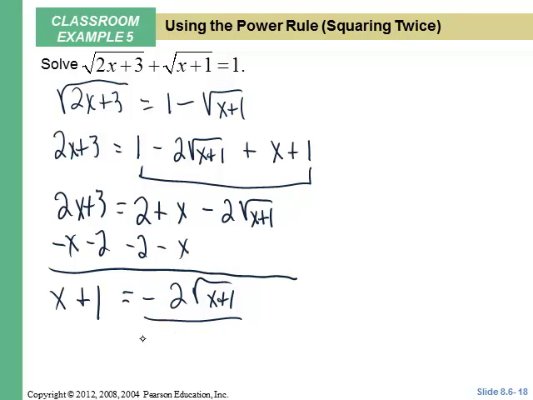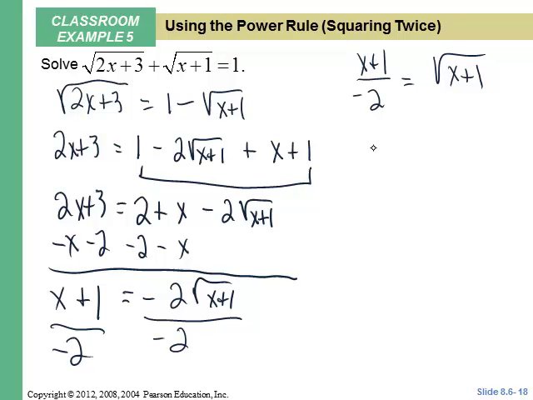Divide everything by negative 2, and you get x plus 1 over negative 2 equals square root x plus 1. Now square both sides. You get x squared plus 2x plus 1 over negative 2 equals x plus 1.